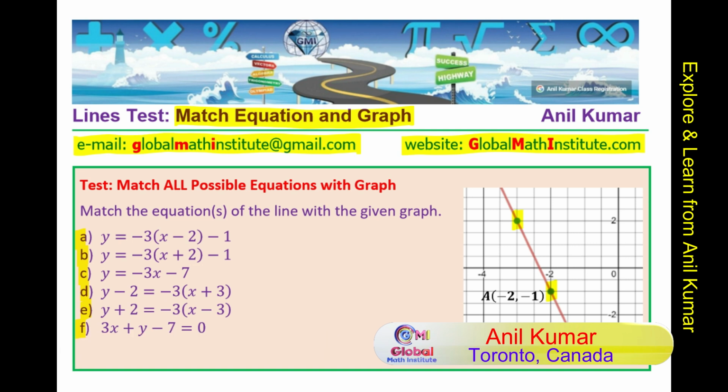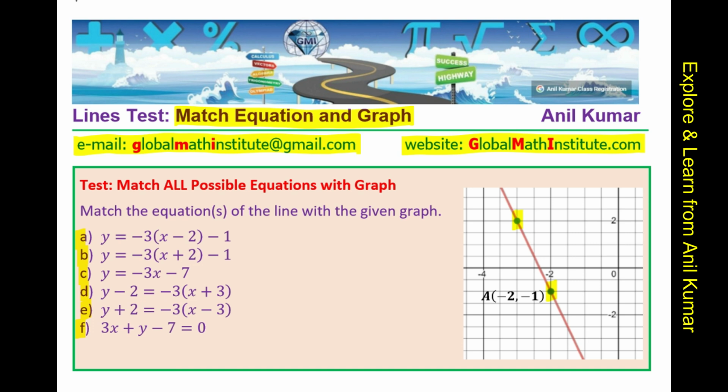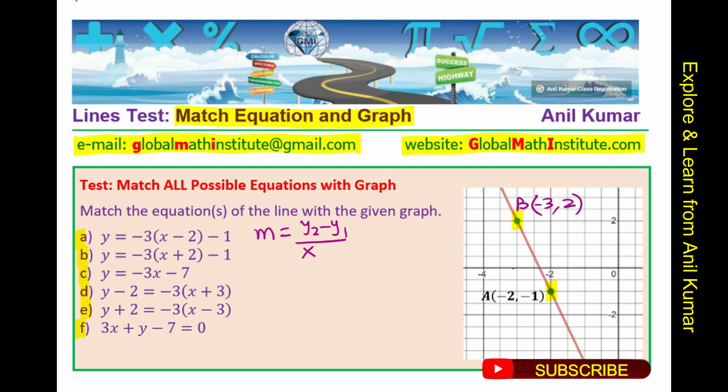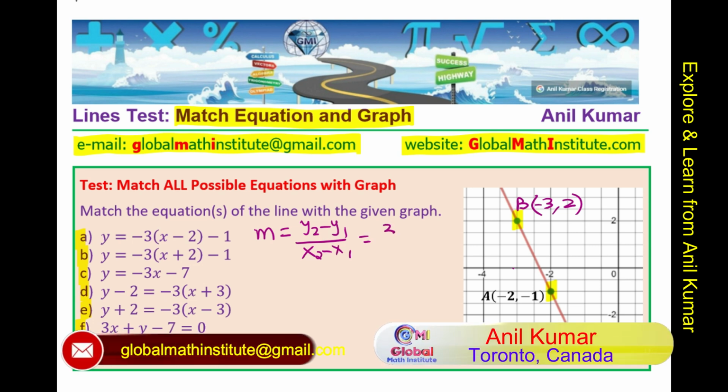So let's first try to find the equation of the line itself. Point B, which we can read from the graph, is -3 and the y value is 2. And therefore, we can write slope m as equal to change in y value divided by change in x value, which will be 2 minus -1 divided by -3 minus -2.